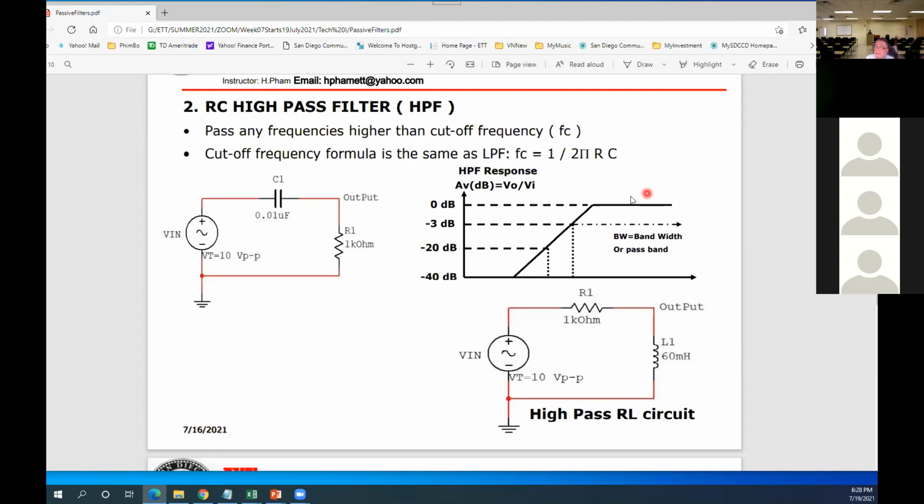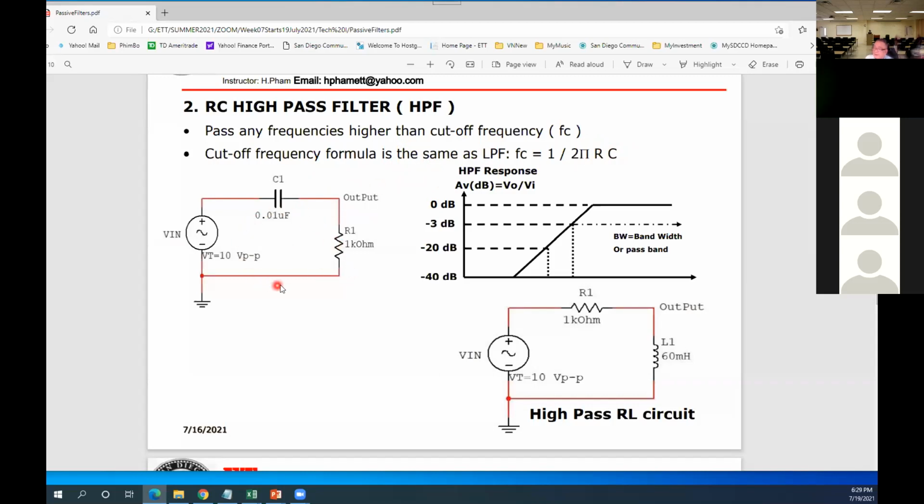Next thing, the high pass filter. It passes any frequency higher than the cutoff frequency. The cutoff frequency formula is the same as a low pass filter, that means 1 over 2 pi RC.